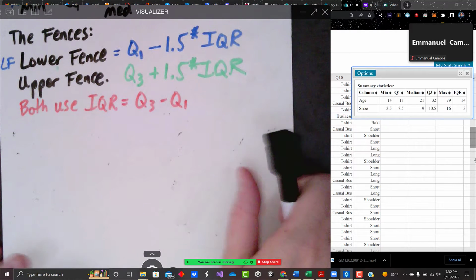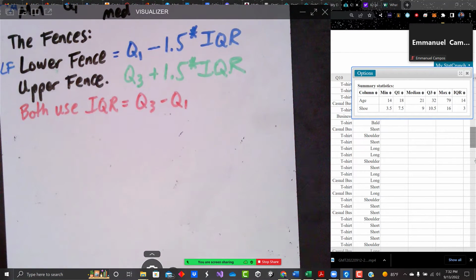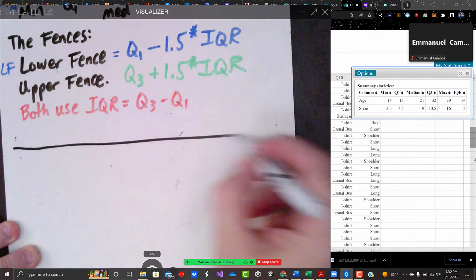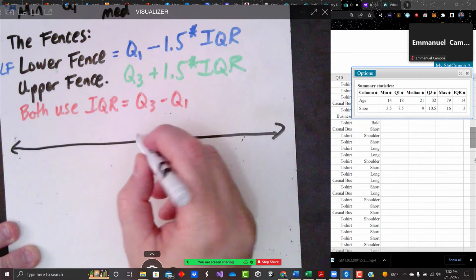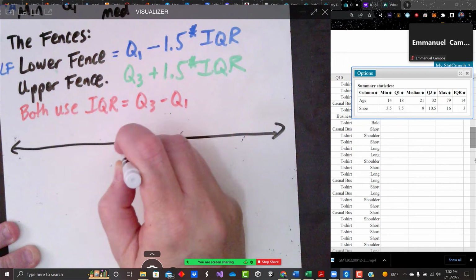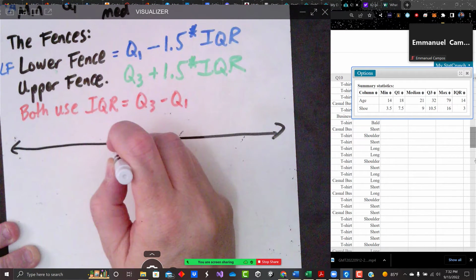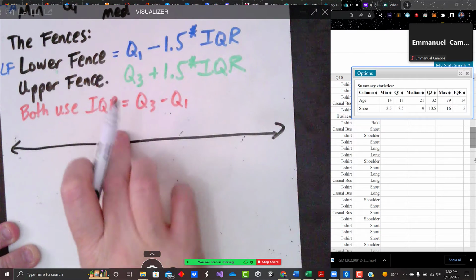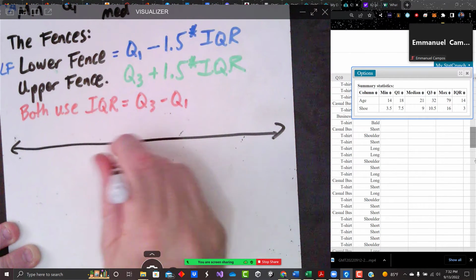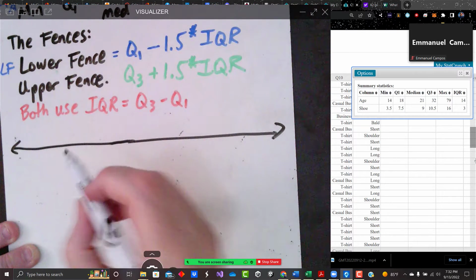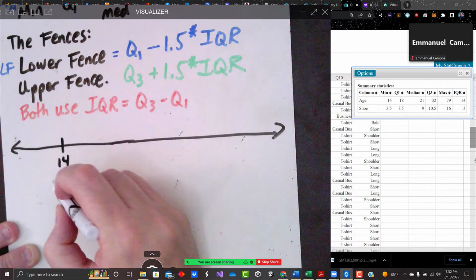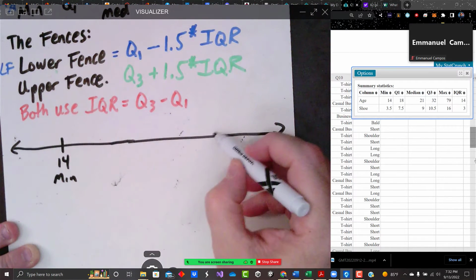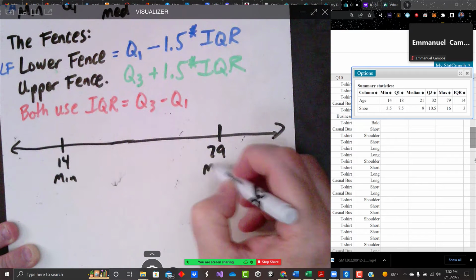So making this graph, if I were to do this by hand, I could put in these numbers right here. I'm going to do the age line real quick. The median is 21. Maybe putting the min and max up here first helps. The min is 14. If I put up the max, it's 79.